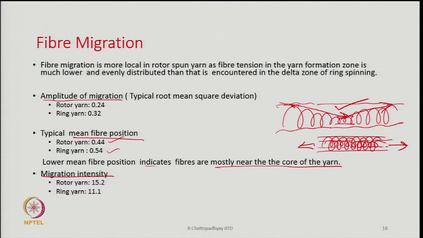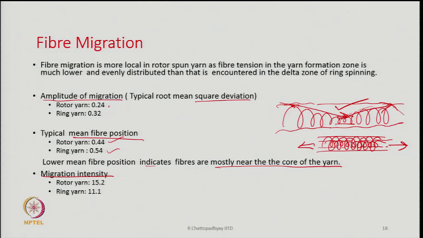The other part is the amplitude of migration, which is measured by root mean square deviation. If it is migration, what is the amplitude of this wavy path that the fibers are following? This is what is shown here, rotor yarn 0.24, ring yarn 0.32. That is, the amplitude of migration is less in the case of rotor yarn in comparison to ring yarn.